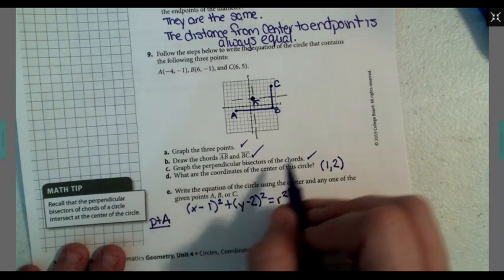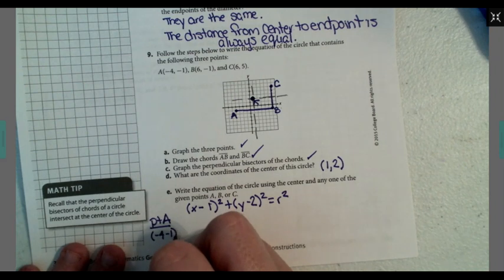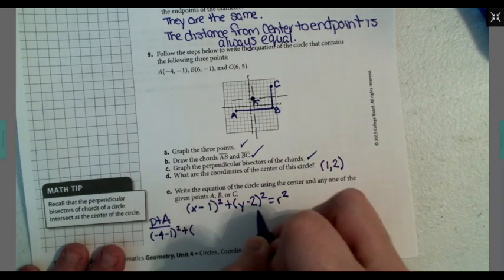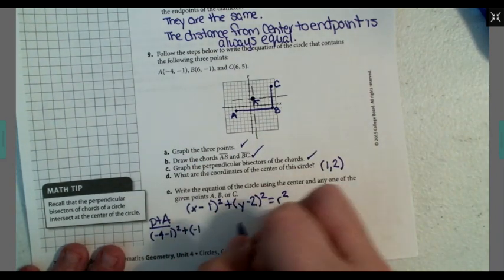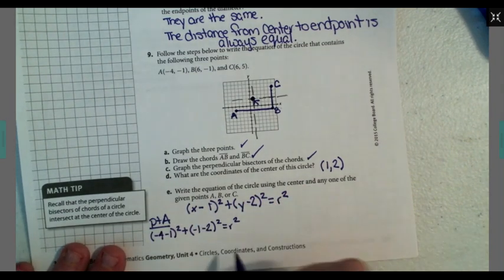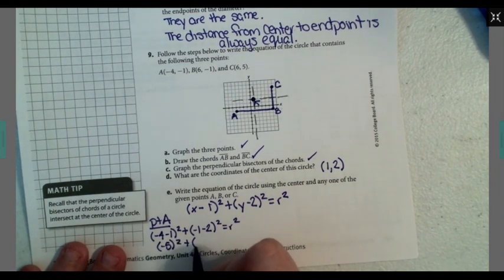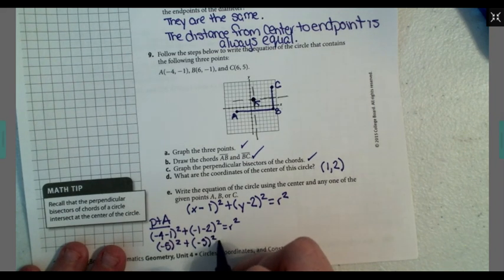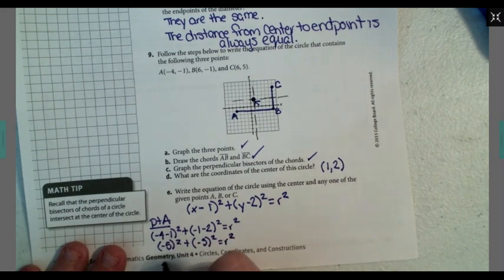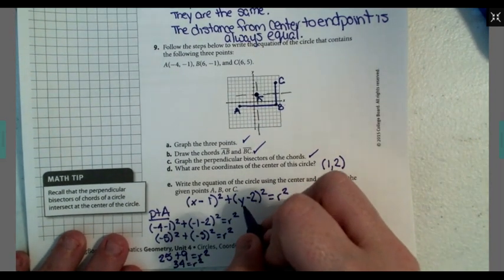Okay? So we're going to do (-4 minus 1) squared plus (-1 minus 2) squared equals r squared. That's going to be -5 to the second power plus -3 to the second power. 25 plus 9, so 34 equals my r squared. Okay.